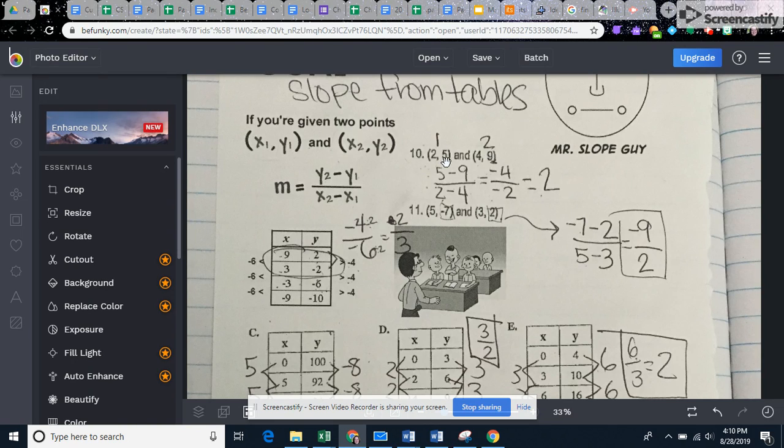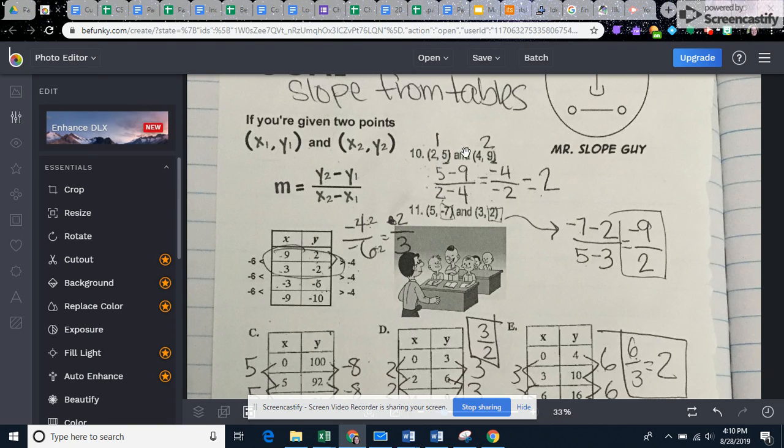So when we look here, to make a subtraction problem from our y's, we have our 5 as our y and 9 as our y. These are your second numbers in the ordered pair, so make a subtraction problem, 5 minus 9. And then on the bottom, since you started with 5, you've got to now start with that same ordered pair.